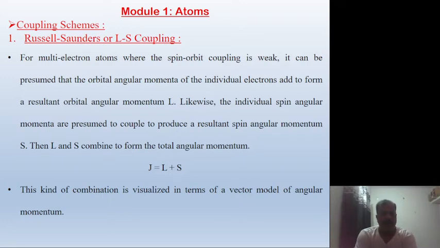In this coupling, for multi-electron atoms where the spin-orbit coupling is weak, this coupling is useful for weak or lighter atoms.